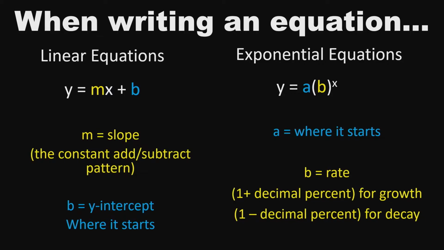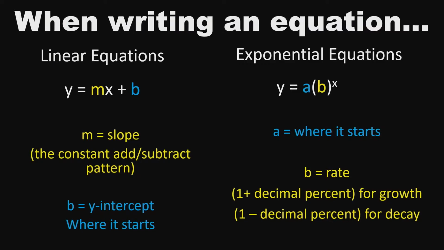So you're getting a percent amount of money every month, or maybe you're losing some money every month. So what we'd end up with inside the parenthesis would be, for a growth function, 1 plus the decimal, or if it's a decay, 1 minus the decimal. So maybe 1 plus 0.17 or 1 minus 0.17. And the 1 represents 100%.